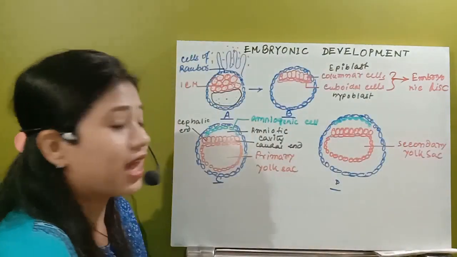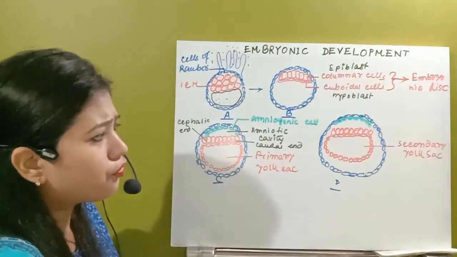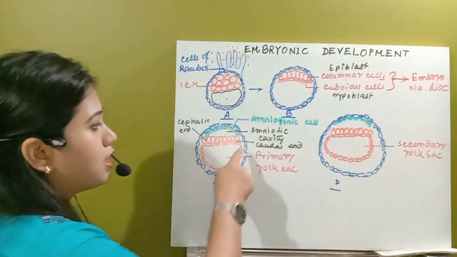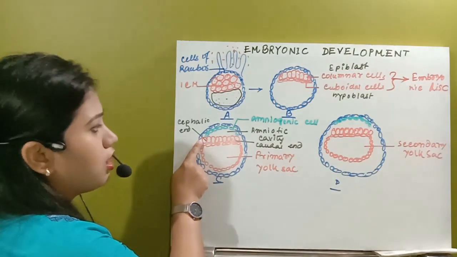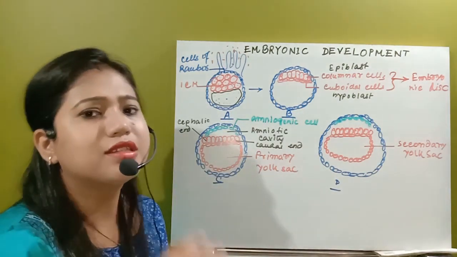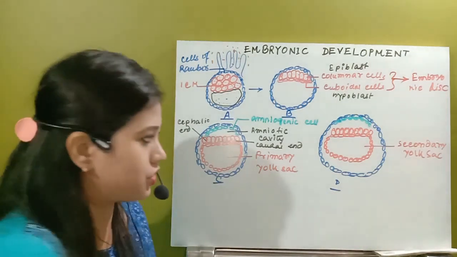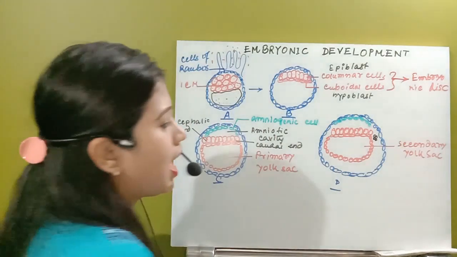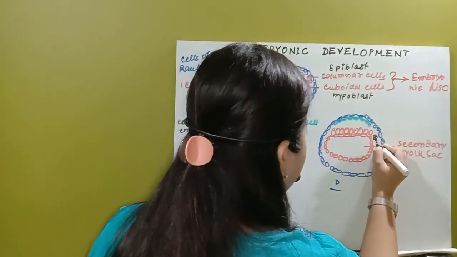Now just see what happens here. From this epiblastic cell layer, from the caudal end, some of the cells start to detach, and suppose they form a layer.